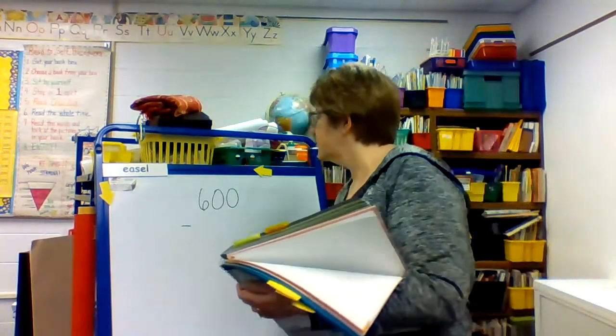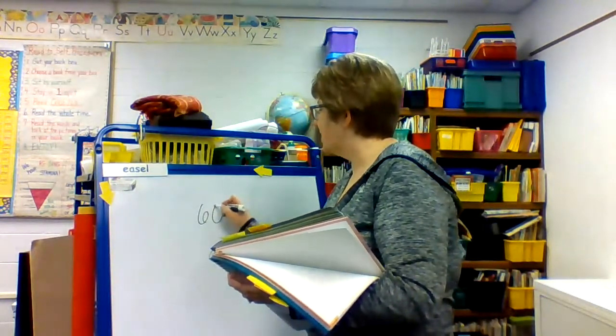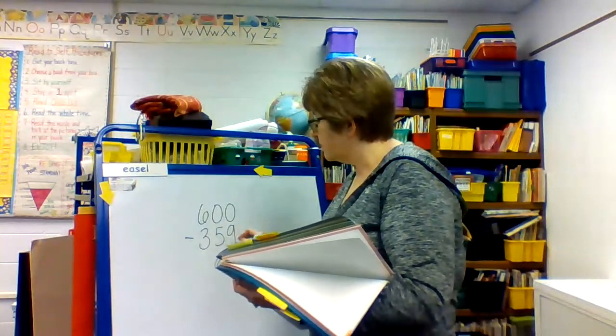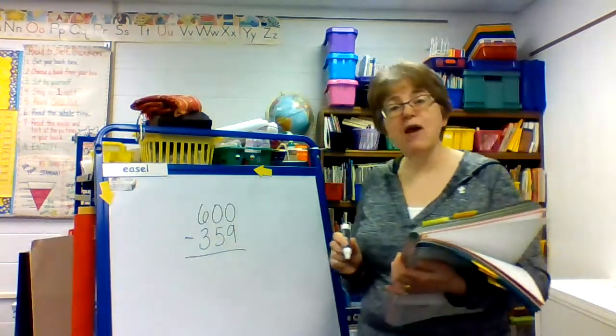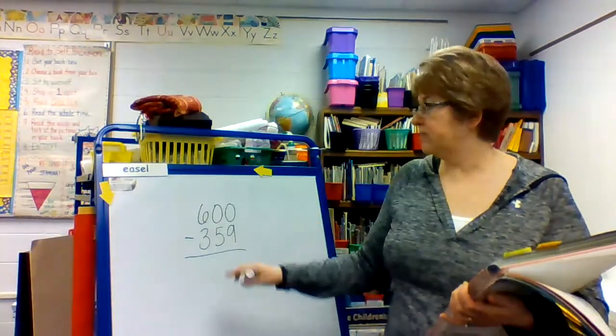Now I'm going to take away, put this down a little bit further, give myself a little more room. I'm going to take away what they had left. And the problem said that they had 359 left. When I subtract that number from 600, it will tell me how many that they sold.